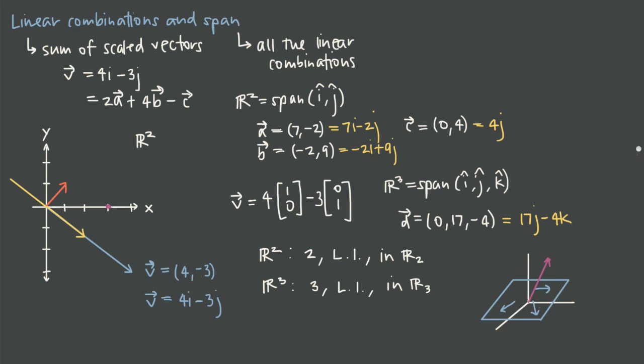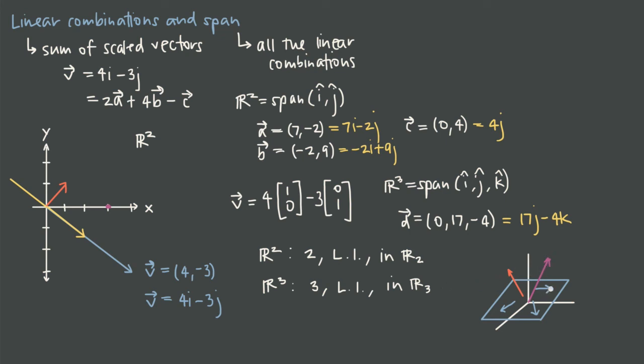But as long as I have one vector of my 3, any vector, that sticks out of the plane, that is not coplanar with the other 2, but pops out of the plane, if I have this one red vector and 2 blue vectors, in other words, 3 vectors pointing in different directions that are not coplanar, they'll be linearly independent, and I'll be able to use a linear combination of them to get to this purple point, to get to any point in R3.